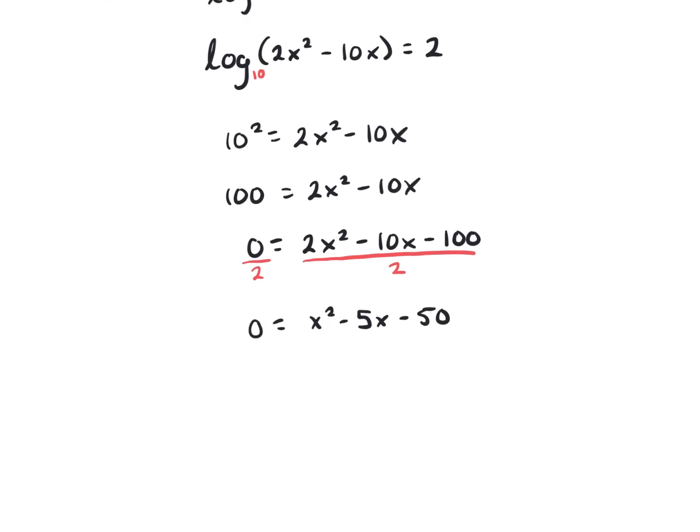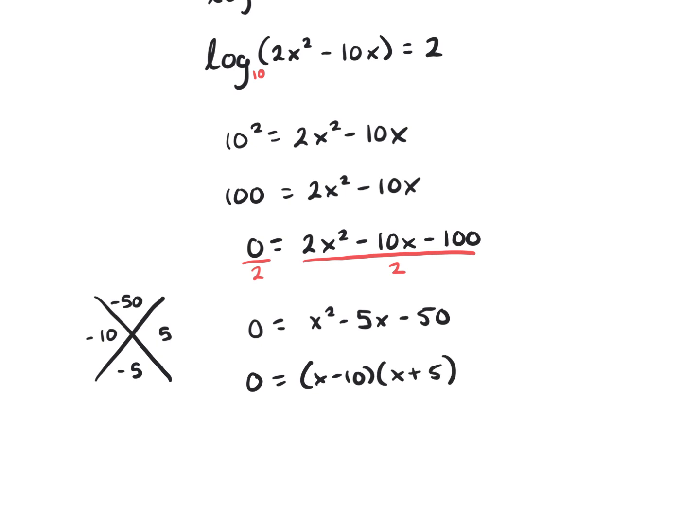And if you can, when we're solving a quadratic, of course, factoring is the way to go if it is factorable. So what multiplies to make negative 50 and adds to make negative 5? Well, we have negative 10 and positive 5. So x minus 10 times x plus 5. And with a little zero product property, we can finish solving.